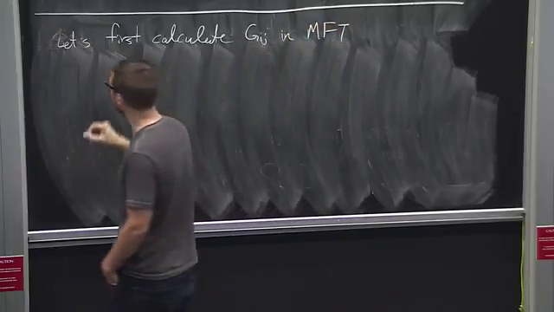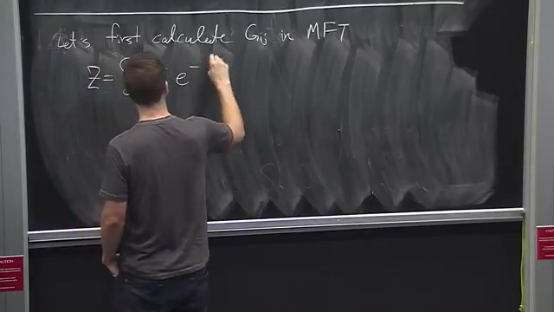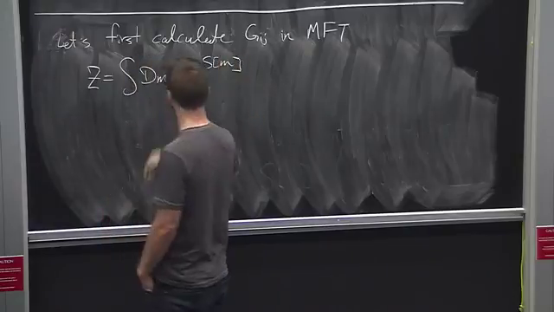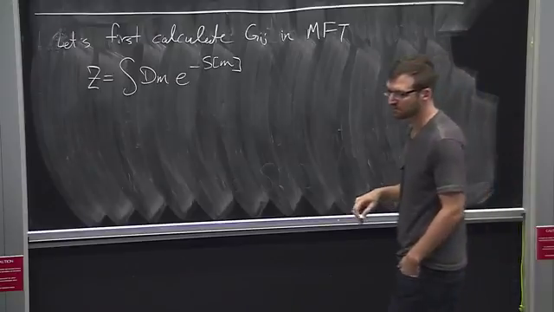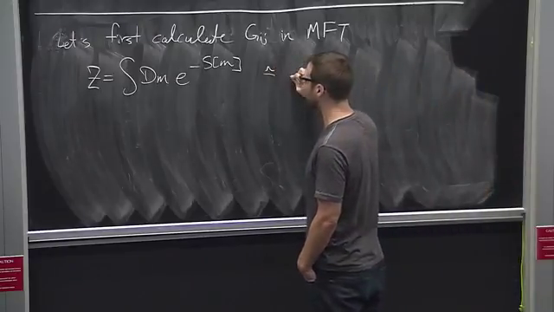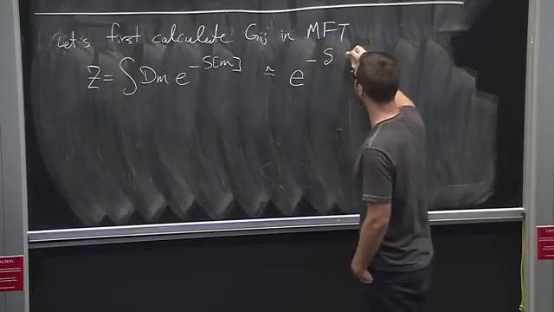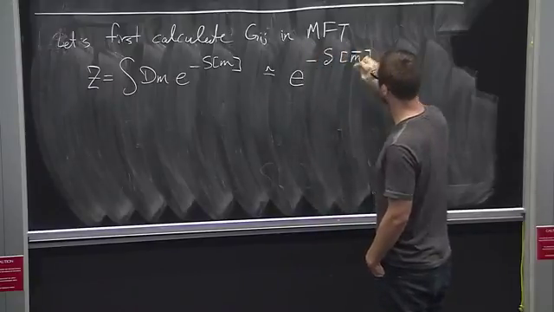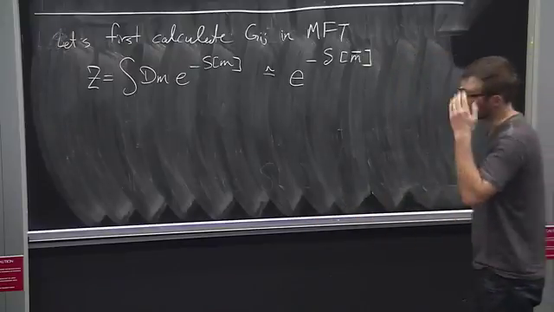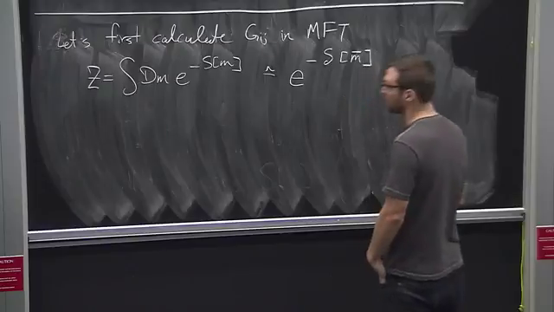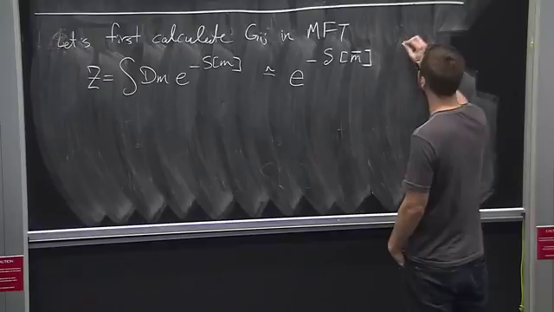And that's when the partition function, which I'm now going to call a functional integral over m, is approximately equal to just the maximum value of the integrand, which I'll write like that. And M bar is the configuration that maximizes or minimizes S, right?